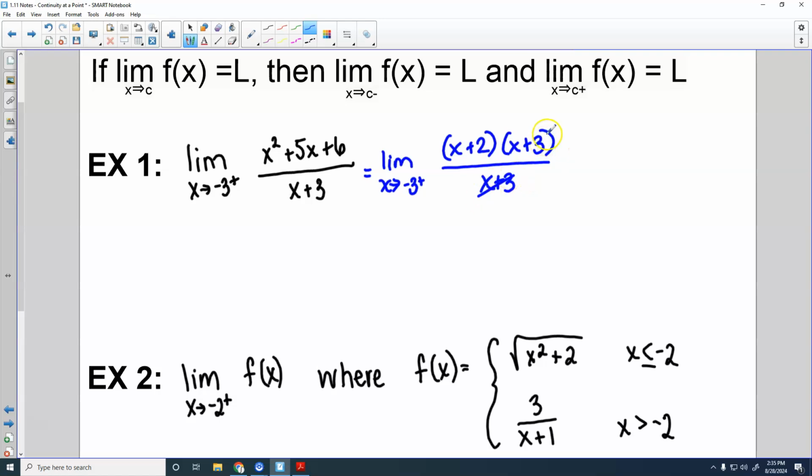Our x plus 3's will cancel. And then we'll just have to plug in -3. So we'll get -3 plus 2, which equals -1. Now what we really did there is we did the limit from both sides. But if the limit from both sides equals -1, that means from the right it also had to equal -1. So if you see this in this manner, this is probably what you're going to have to do.